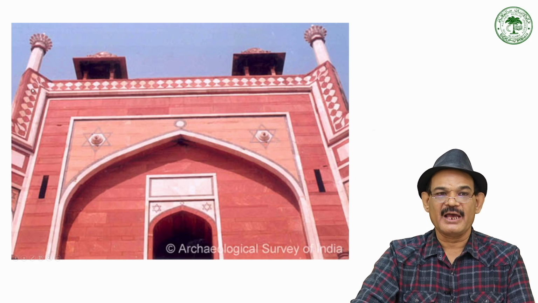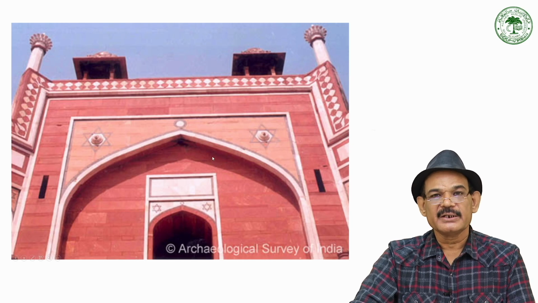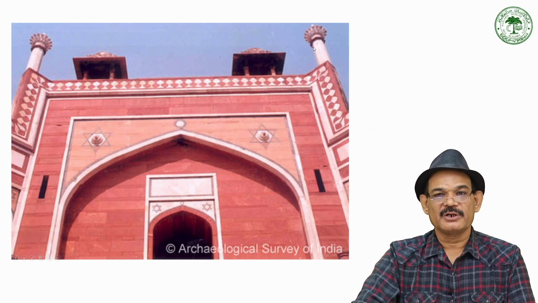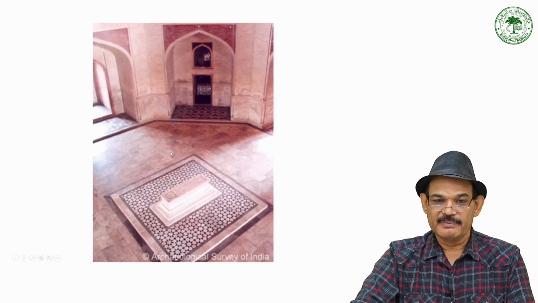Above the cornice, we have a guldasta type of motif, where the guldasta design is inlaid with white marble in red sandstone. And each angle has a minaret. Minarets are surmounted by turrets, surmounted with a flown lotus.